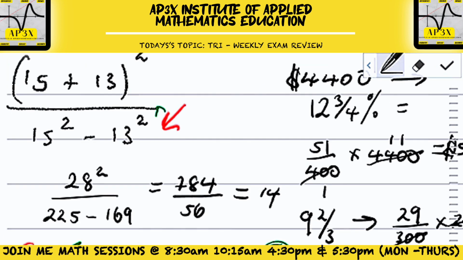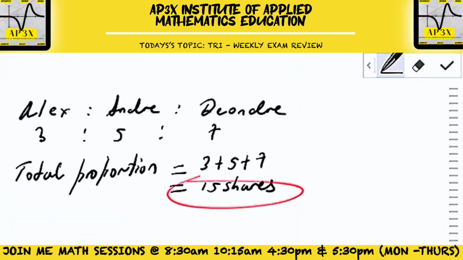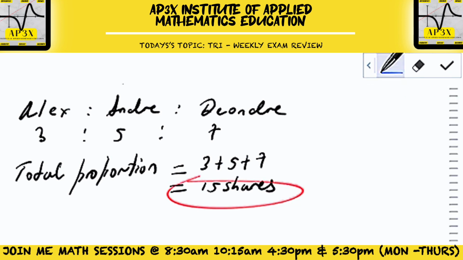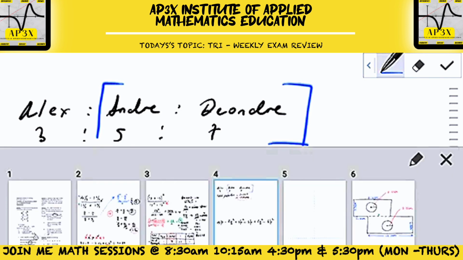Then we're looking at, in fact, the ratio between, say here, Andre. So let's grab a different color ink here. Let's compare this section of the problem to this section of the problem here. All right, and that's what our focus is on. So why is it that Andre received, is it supposed to be more than or less than? I think I may have made a typing error here.